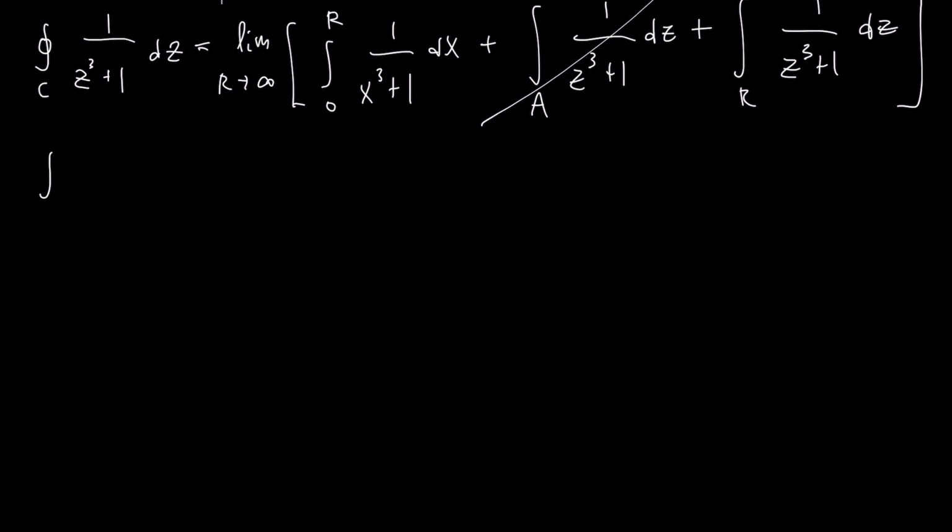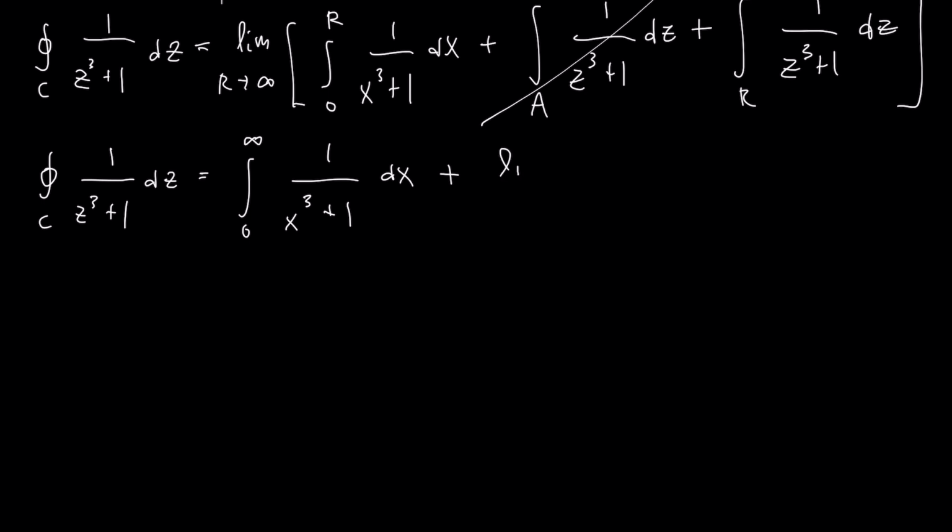So we have the integral over this contour of 1 over z cubed plus 1 dz is the integral from 0 to infinity of 1 over x cubed plus 1 dx, plus the limit as r approaches infinity of the integral from r to 0 of 1 over z cubed plus 1 dz.